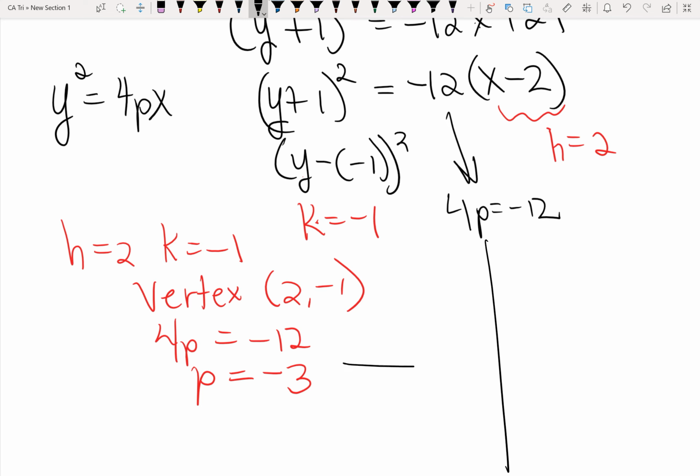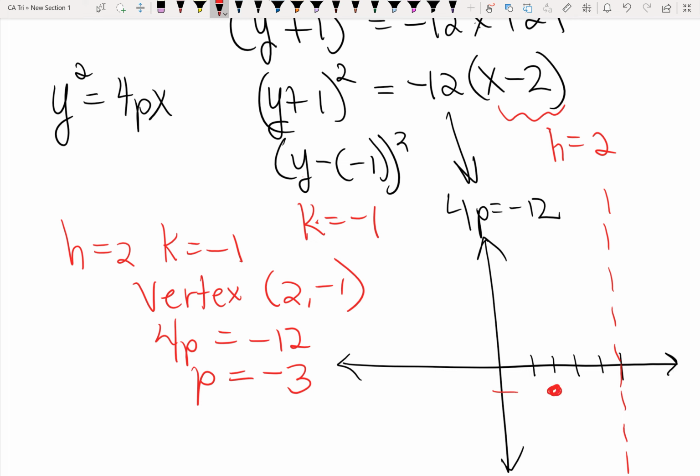So we'll start drawing. Okay, so at 5, we have our directrix. At 2 and negative 1, we have our vertex.